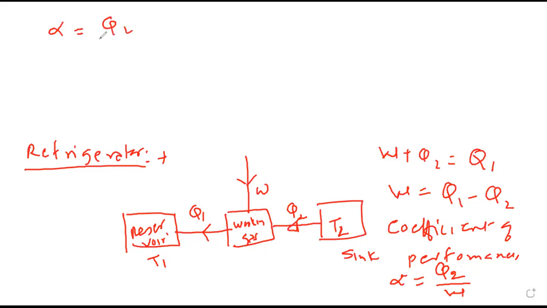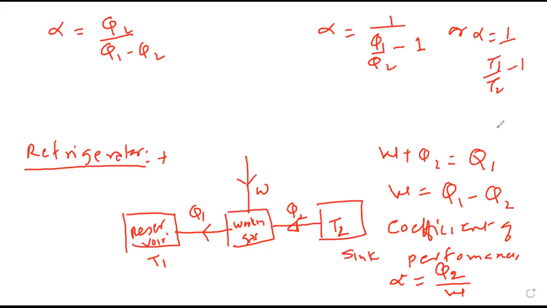That is Q2 upon Q1 minus Q2. So alpha will become 1 upon Q1 by Q2 minus 1. I have divided numerator and denominator by Q2. Or alpha is 1 upon T1 by T2 minus 1. Alpha is always greater than 1. Right.